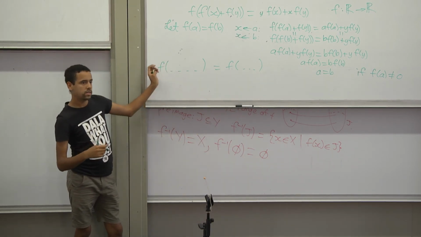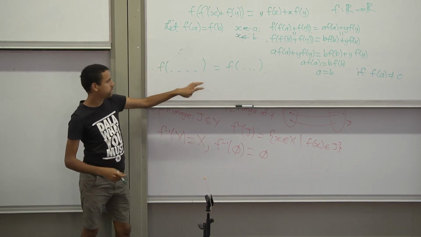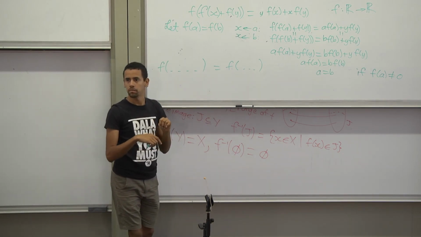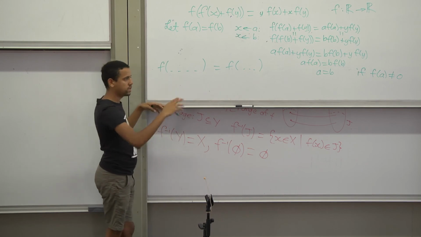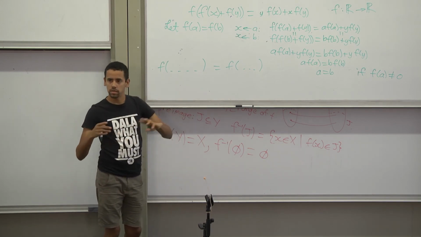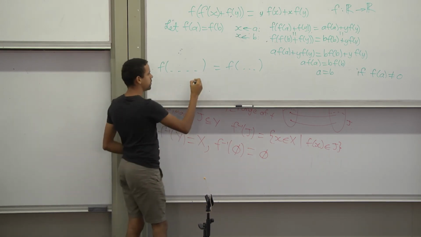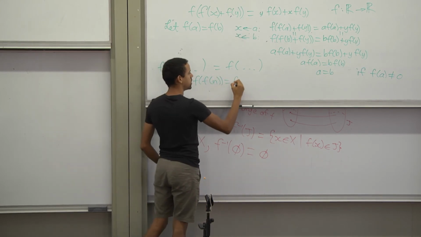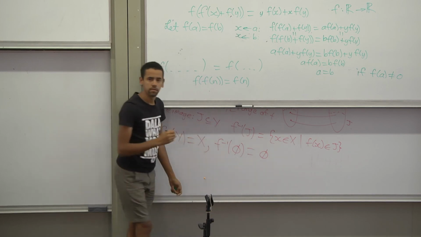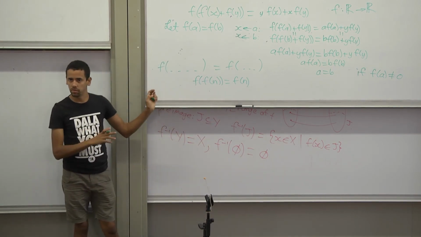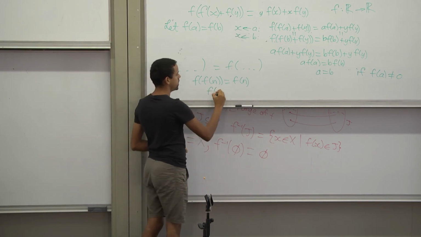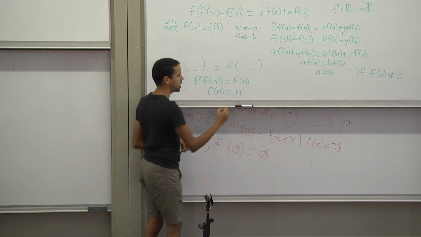Injectivity then allows you to take away the f's and say that those two things on the inside are equal. For example, you might substitute various things, and eventually you get to f of n equals f of n. And if you happen to prove earlier that it's injective, you then get that f of n equals n.